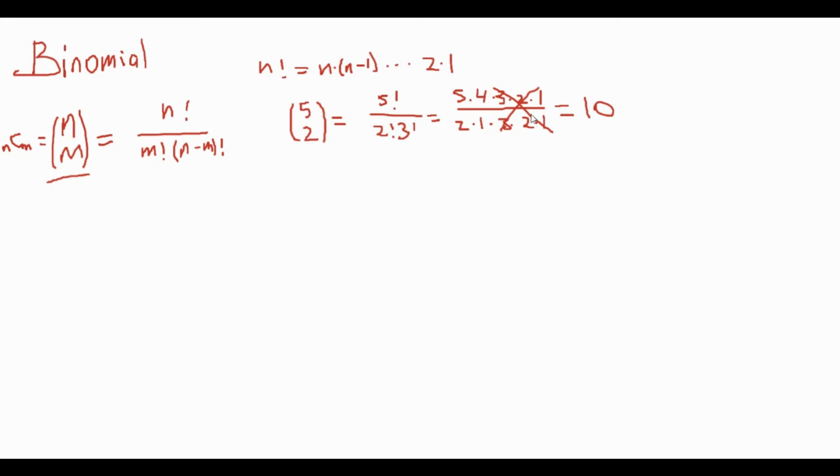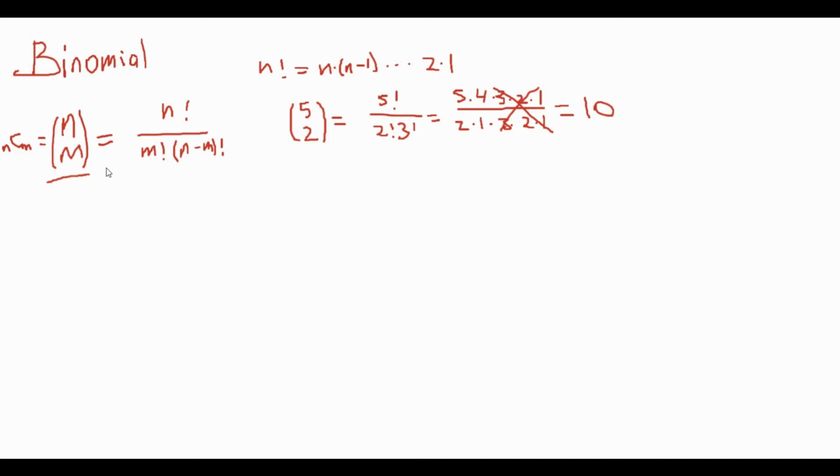Right. So now on to why we call it choose, n choose m. Why not just call it, I don't know, n binomial m or something like that? Why is it n choose m?